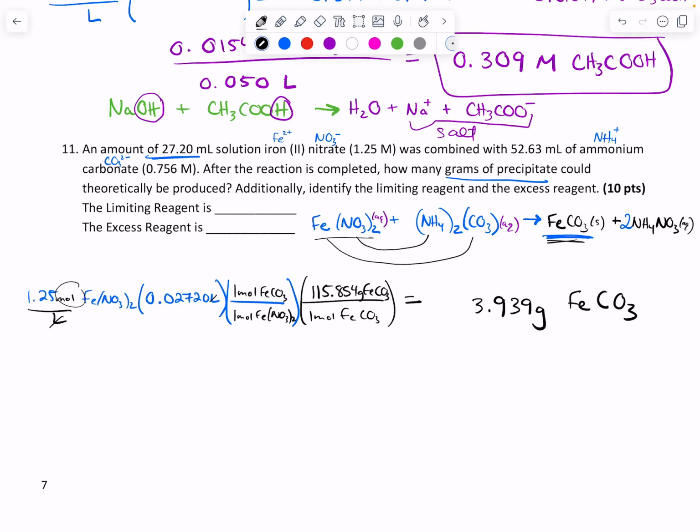Now I need to use my other numbers, which are here and here, and I need to do the same process in order to get all the way to grams of iron carbonate.